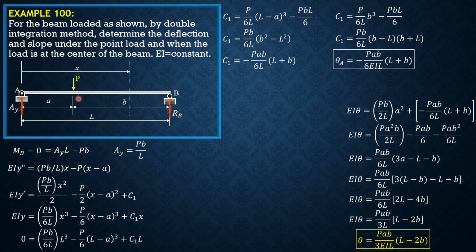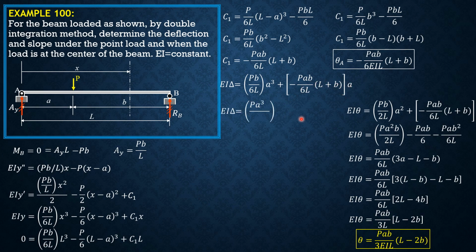Then for the deflection under the load P, we use this equation and set X as A. So EI delta equals PB over 6L A cubed. This is 0. Then plus C sub 1, negative PAB over 6L times L plus B, times X, which is A. So distribute and simplify.